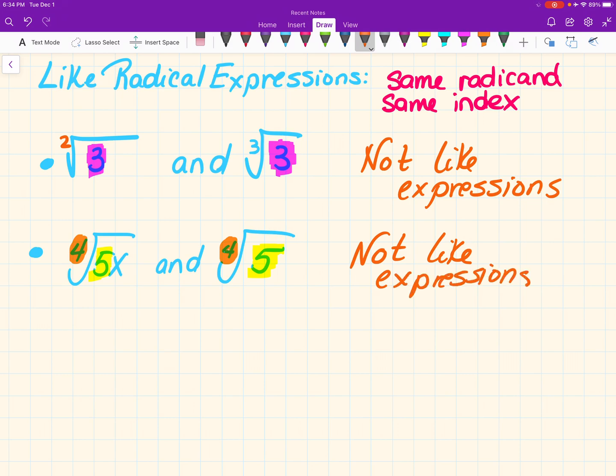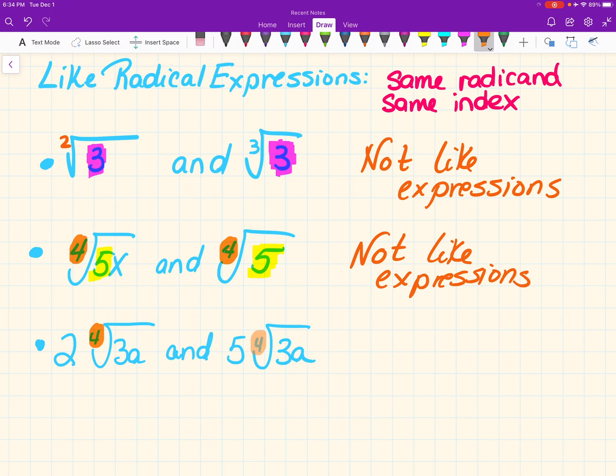Okay? Now let me show you the last one. The last one on this page is 2 times the fourth root of 3a and 5 times the fourth root of 3a. It doesn't matter that there's a 2 and a 5 on the outside. What you're checking are the indices and the radicands.